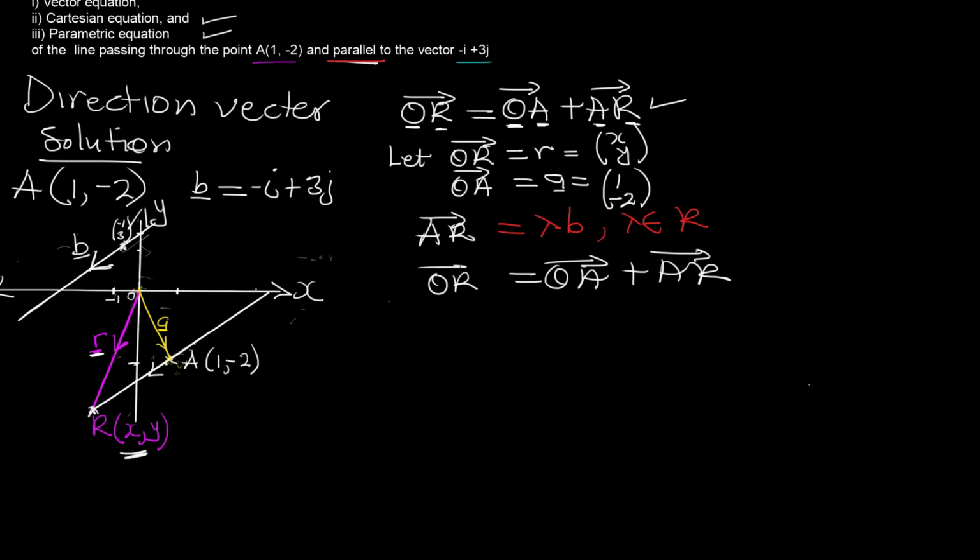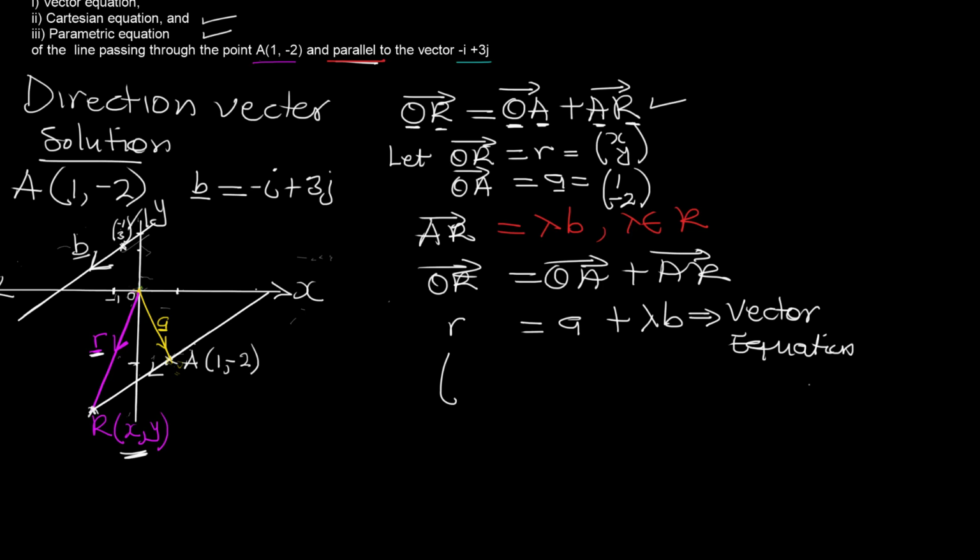These are vectors. Now OR is r and OA is a, and AR is a scalar multiple of B, so we write lambda B. And this is the vector equation of the line. Any point on this line can be located with this vector equation.